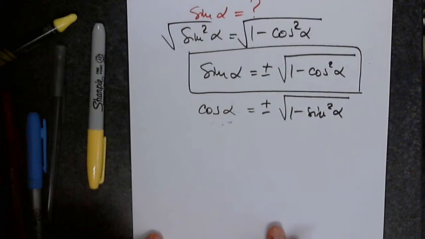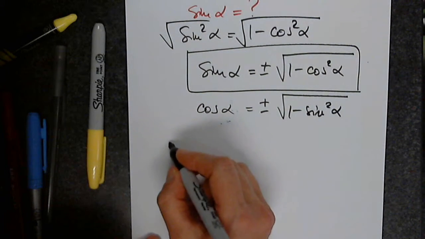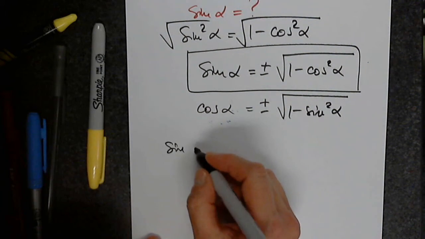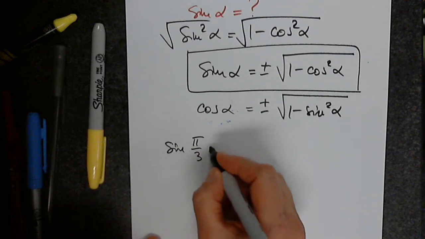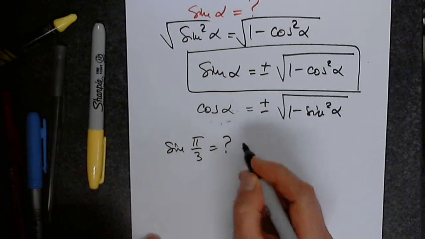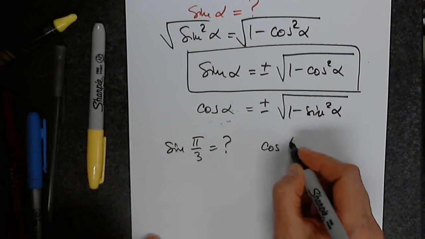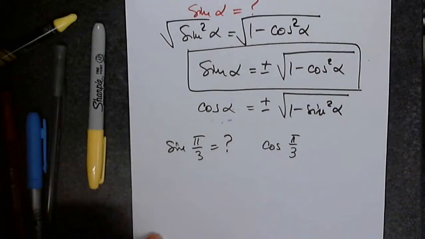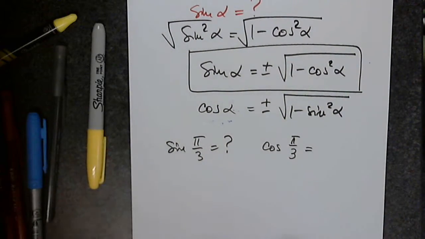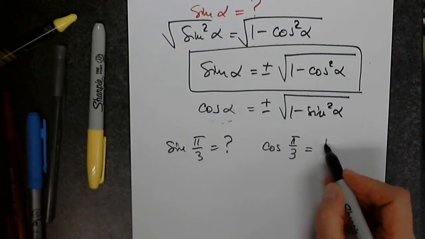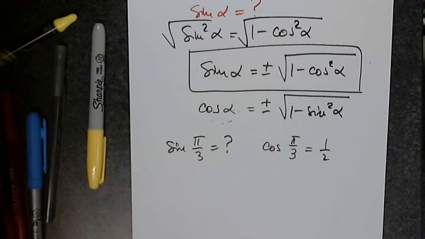Let's say we forgot how much is sine pi over 3, but we know cosine pi over 3. How much is cosine pi over 3? Remember, pi over 3 is not the first angle, it's the last angle. How much is its cosine? One half, right? Perfect.